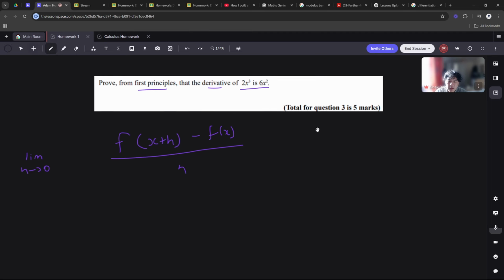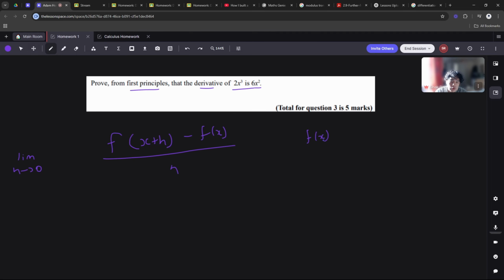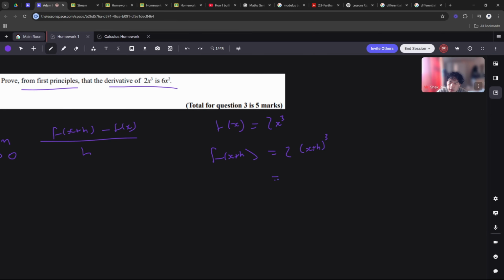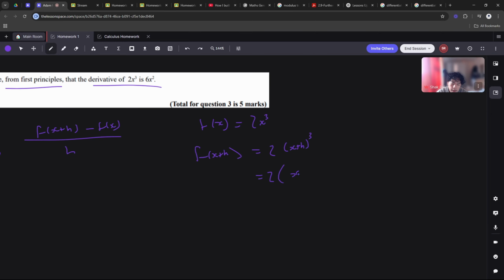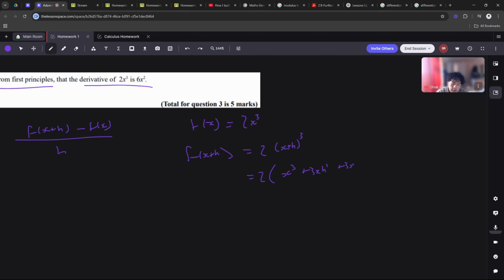So f of x plus h, if f of x equals 2x cubed, is going to equal 2 times x plus h on the inside, cubed. Expanding this is just going to leave us with 2 lots of x cubed plus 3x squared h plus 3x h squared plus h cubed.